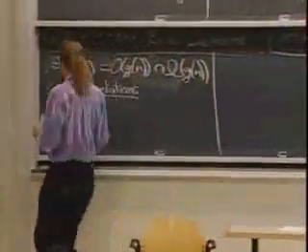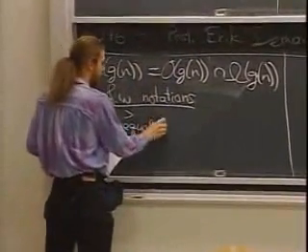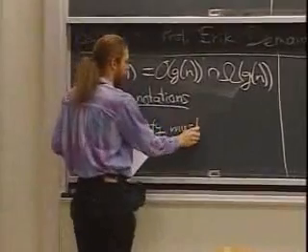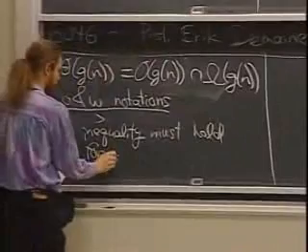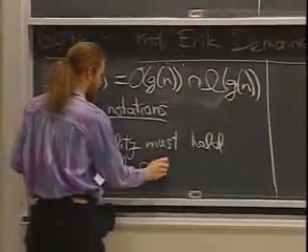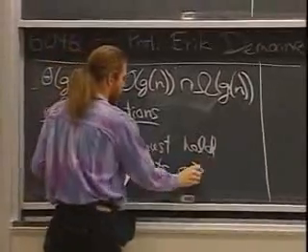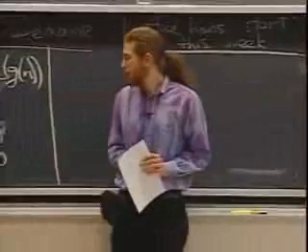So the relationship between f and g, this inequality, must hold for all c instead of just for one. And so n naught can now depend on c.